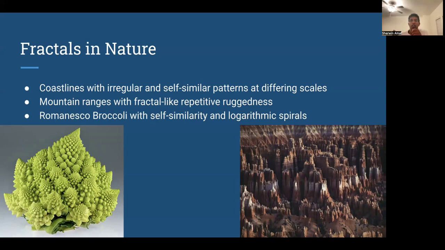On the bottom right, there's an image with mountain ranges, and you can see that the ruggedness is repetitive regardless of how abstractly you look at the picture of the mountains. On the left, you see the Romanesco broccoli with strong self-similarity in logarithmic spirals. These patterns show how fractals are made in nature, and they're very interesting to admire.